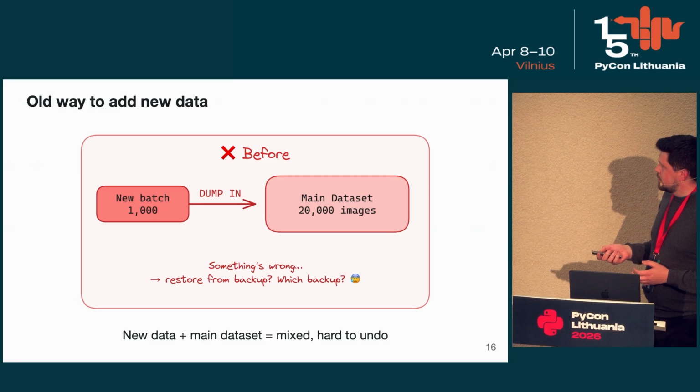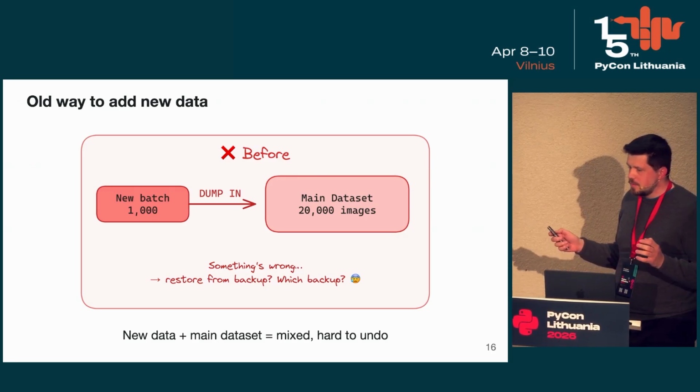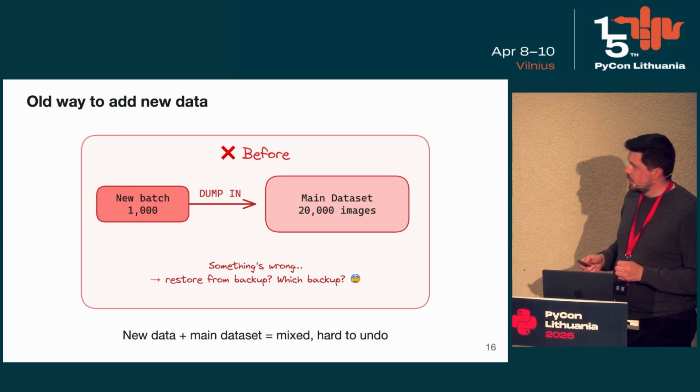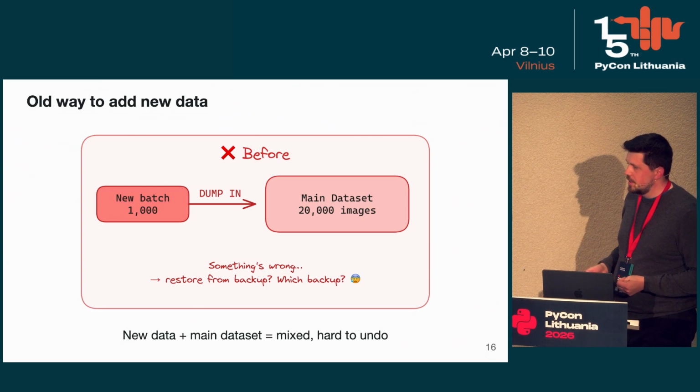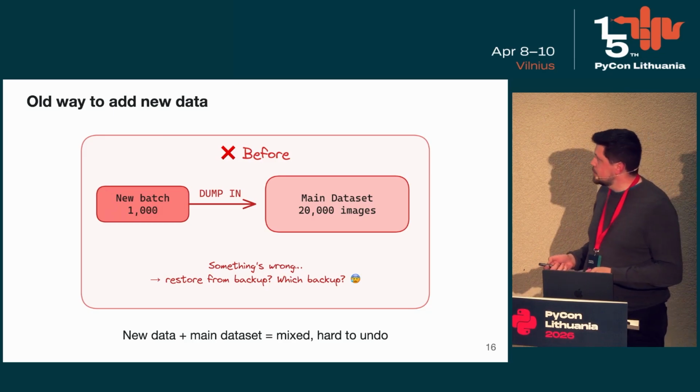Our team had such a bad case when we processed 3,000 images and merged them into the main database. Then there was some mistake in the new data. We tried to restore from backup, and we restored, but instantly removed all 3,000 and lost 3 days of work. So it was quite a negative experience.